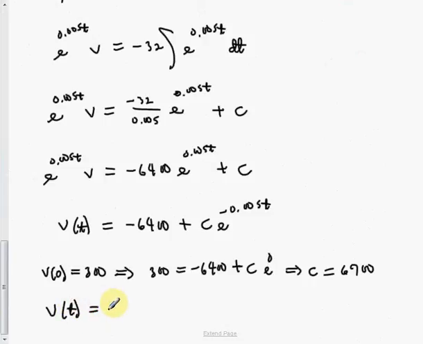So v of t is equal to negative 6,400 plus 6,700 times e to the negative 0.005t. Now my question to you is solve for s of t, and then find the maximum height.